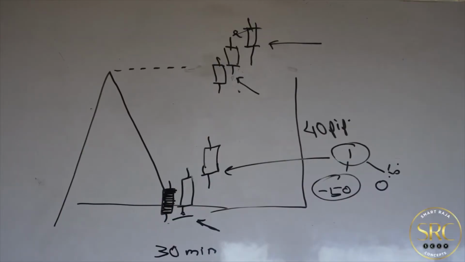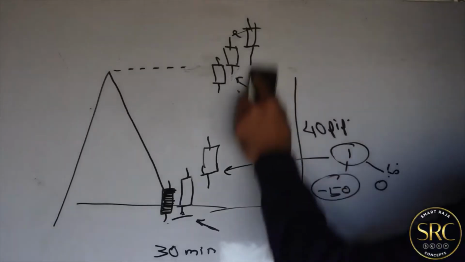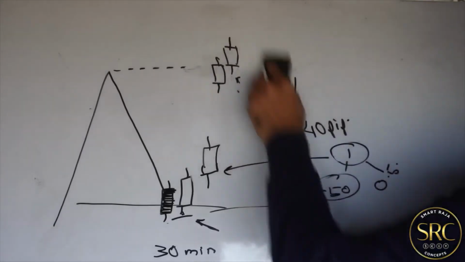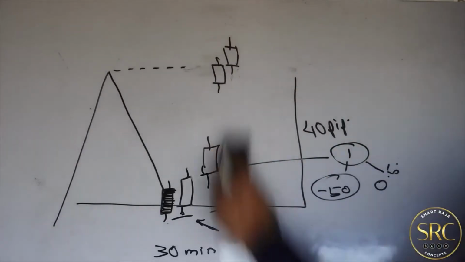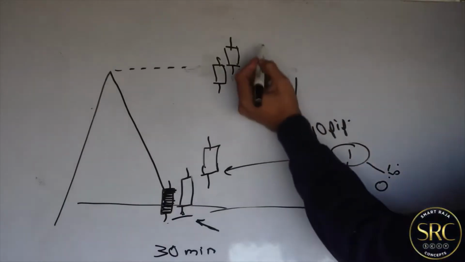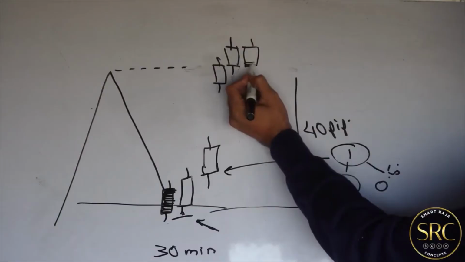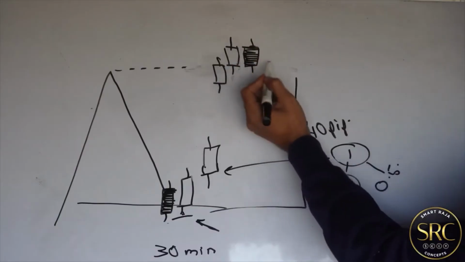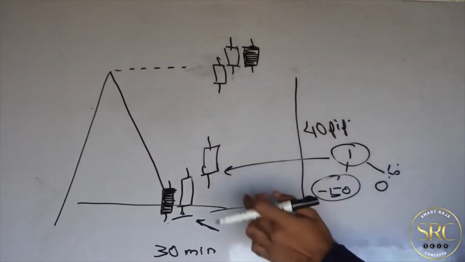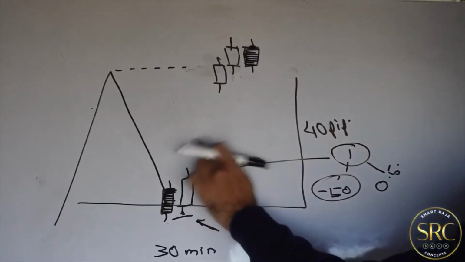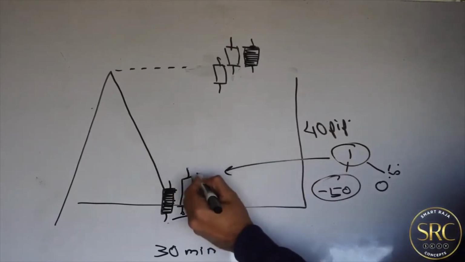Now, there's a question that may be coming up: what if a 15-minute candle closes bearish, and we close 50%, and obviously this first 15-minute candle is half of the 30-minute candle?